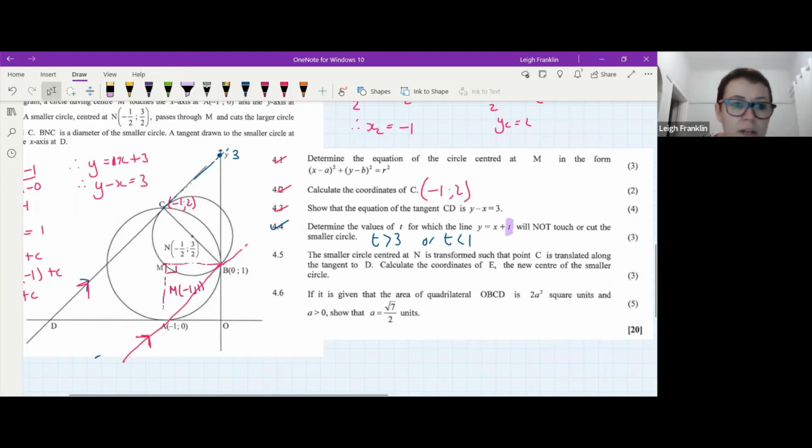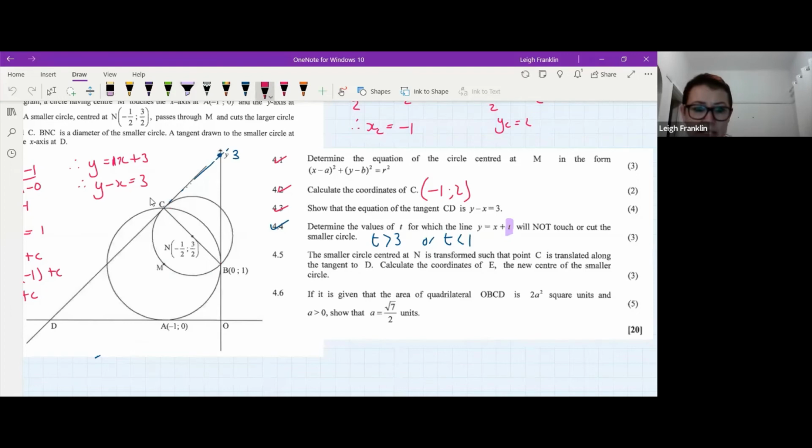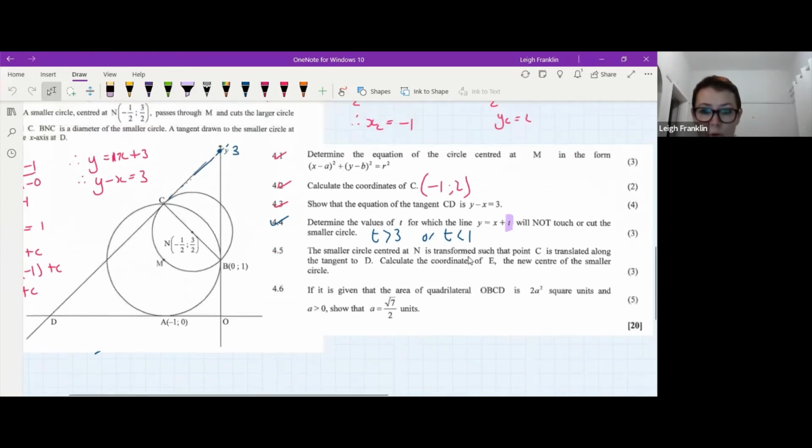Okay, so what are they trying to tell us in this case? They are telling us that this smaller circle is going to be moved. It was originally centered here at N, and now it's being translated along the tangent. So in other words, it's moving along that line down to E, which is the new center of the smaller circle.